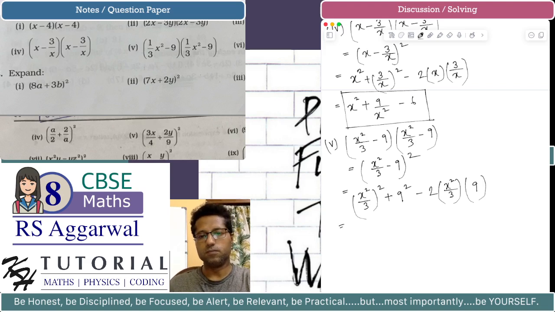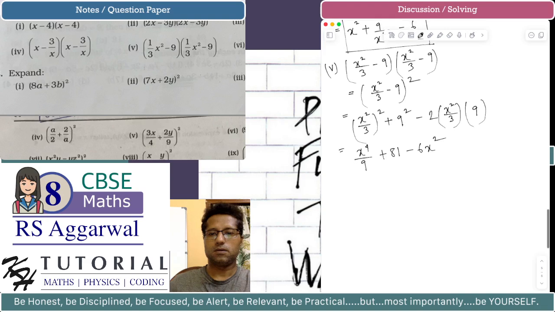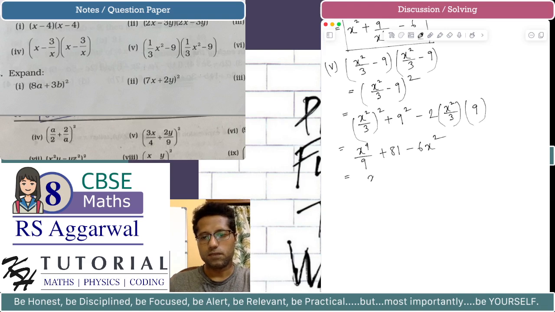This is equal to x to the power 4 by 9 plus 81 minus 6x square. This is equal to x to the power 4 by 9 minus 6x square plus 81. This is the result.